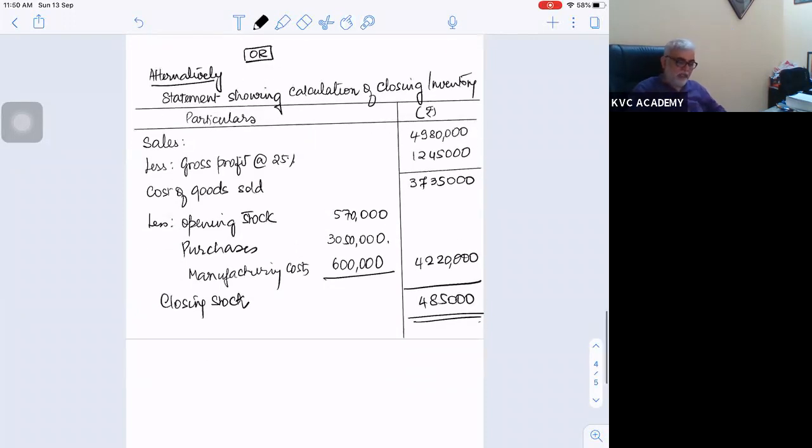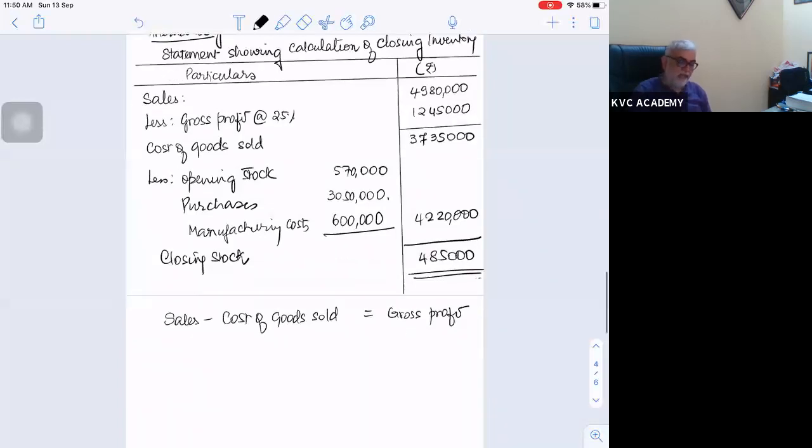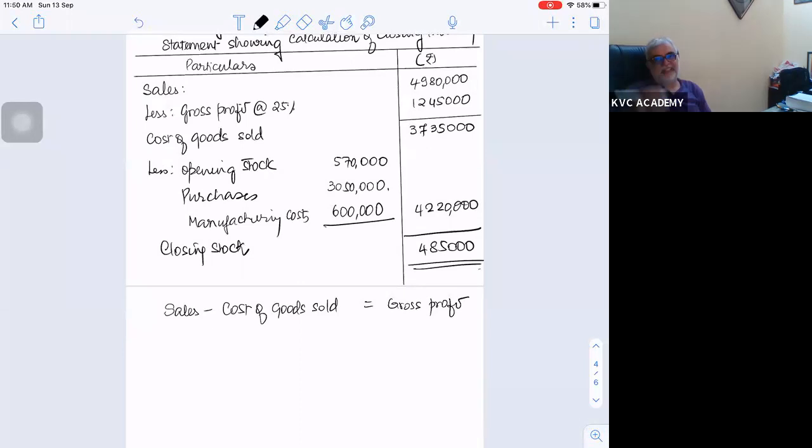There are two important things that I want you to remember. One, sales minus cost of goods sold is equal to gross profit, or sales minus gross profit is equal to cost of goods sold.